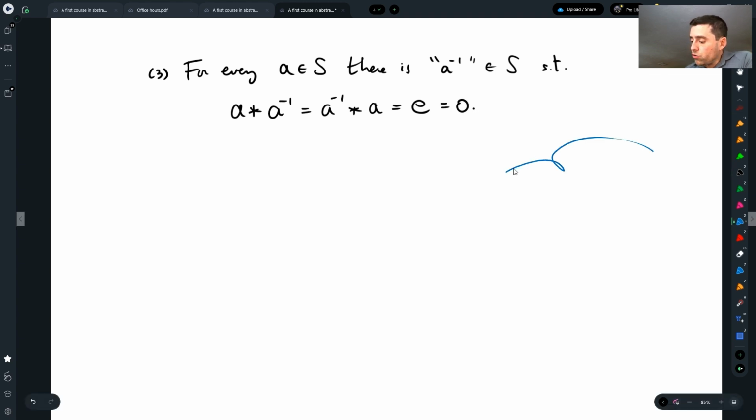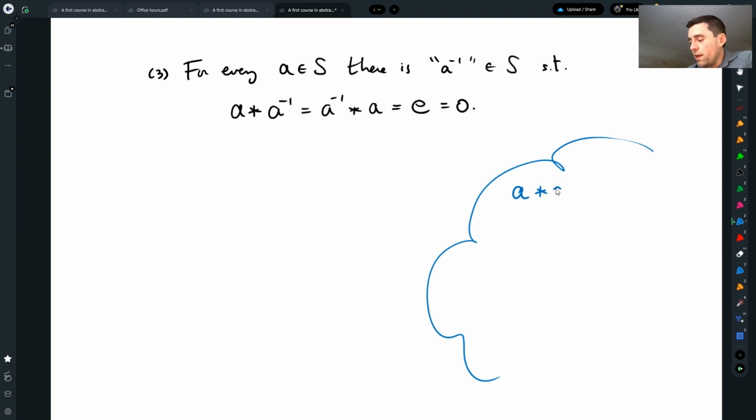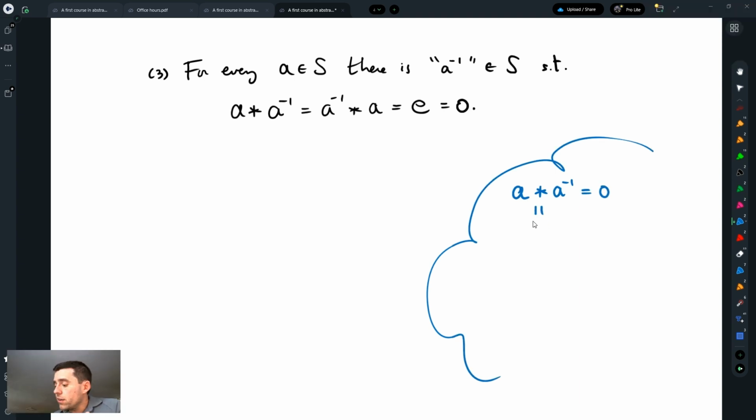So I go back to my thought bubble and try to think, what is that going to be? If A star A inverse is 0, and A star A inverse is A plus A inverse plus A times A inverse, then if this is 0, I need to solve for A inverse.